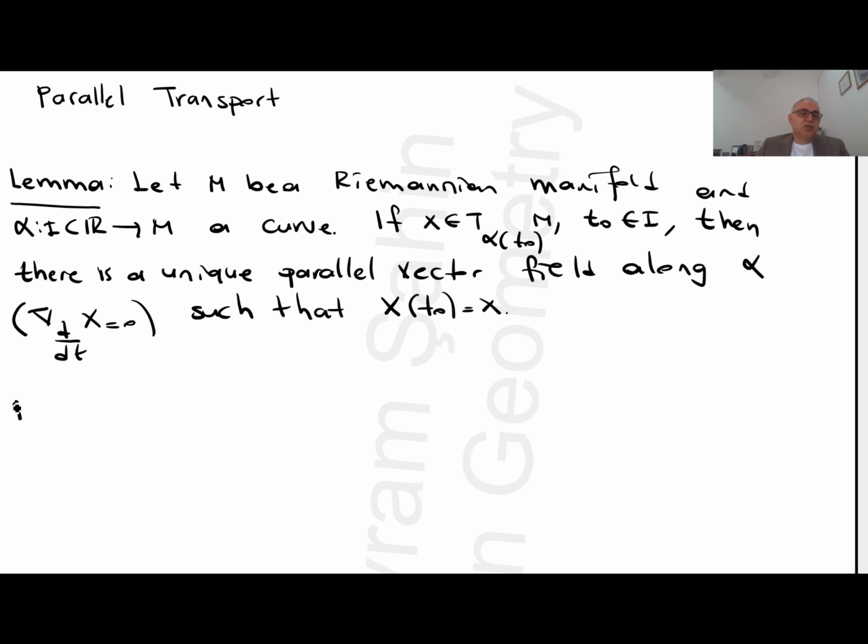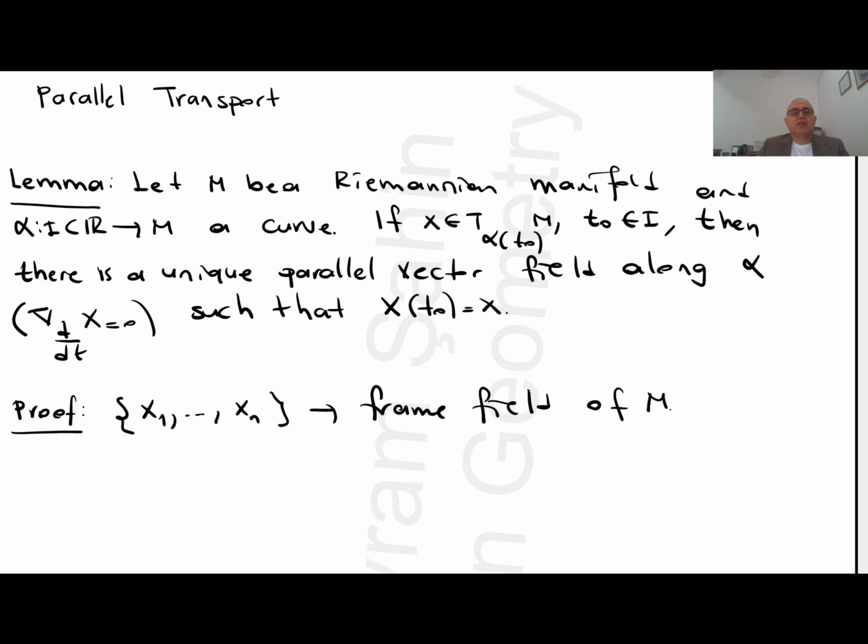So let me show this one. Now suppose x1 to xn is a frame field of M. So it means at a certain point it will be the basis of the tangent space.